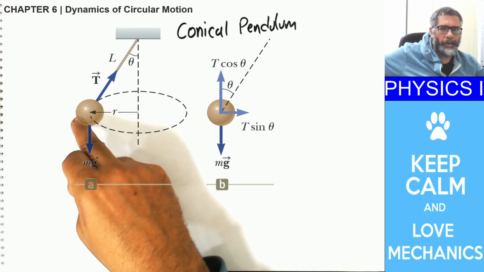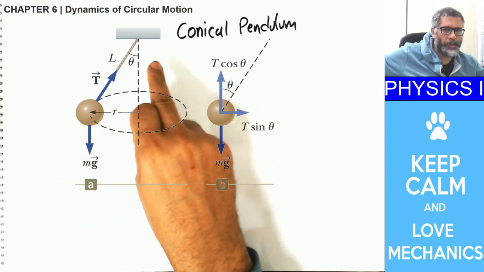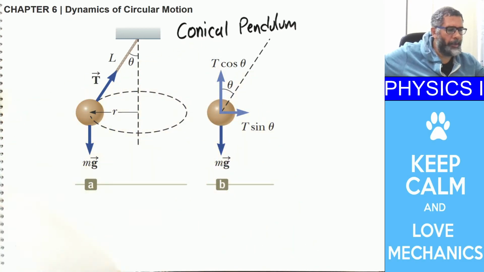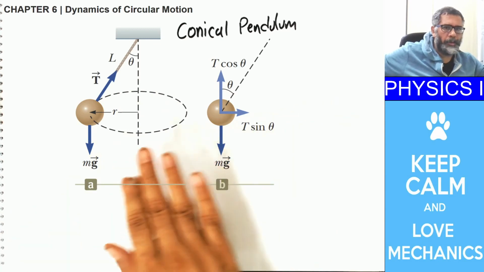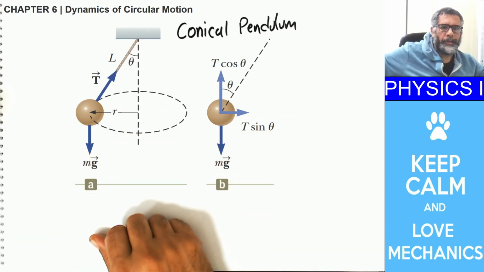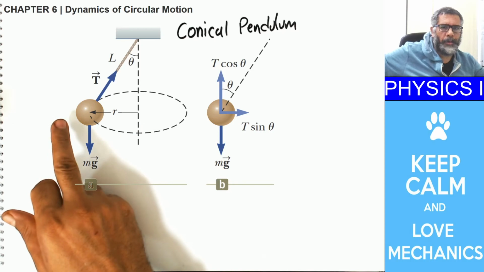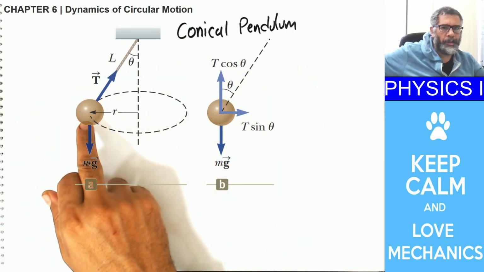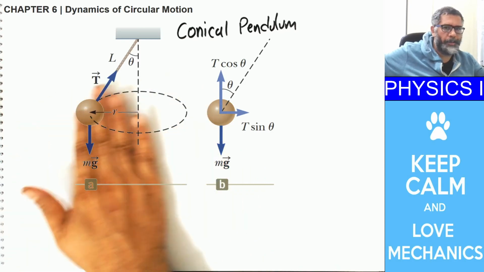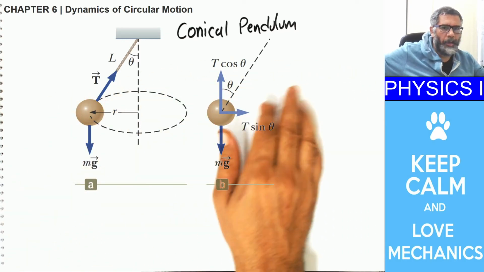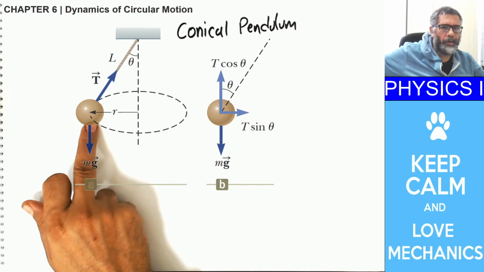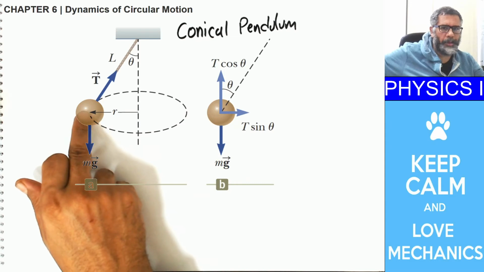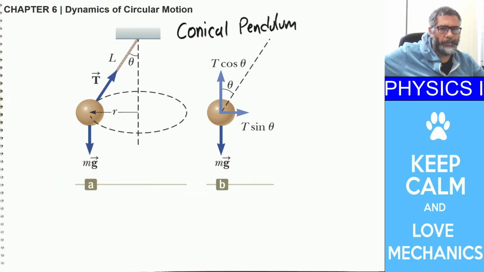The mass is doing uniform circular motion on a plane which is parallel to the plane of the earth, but from this side view, while the object is circulating on this plane, the object will go in this direction, swinging back and forth, just like a simple pendulum.